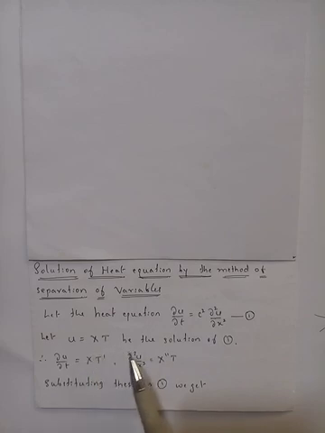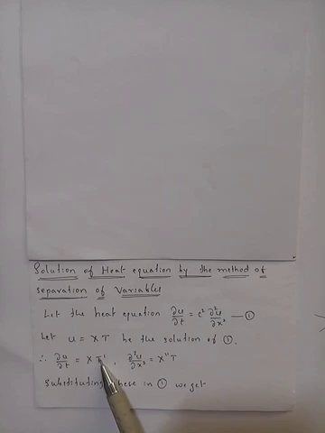So here we find ∂u/∂t. We differentiate u with respect to small t. Capital X is a function of small x, and capital T is a function of small t. So when differentiating with respect to small t, X is a constant, and the derivative of T is T dash, that is ∂T/∂t, which we represent as T'.